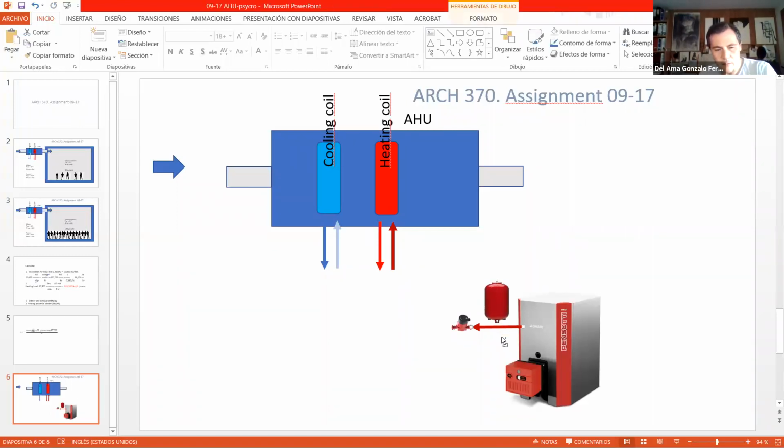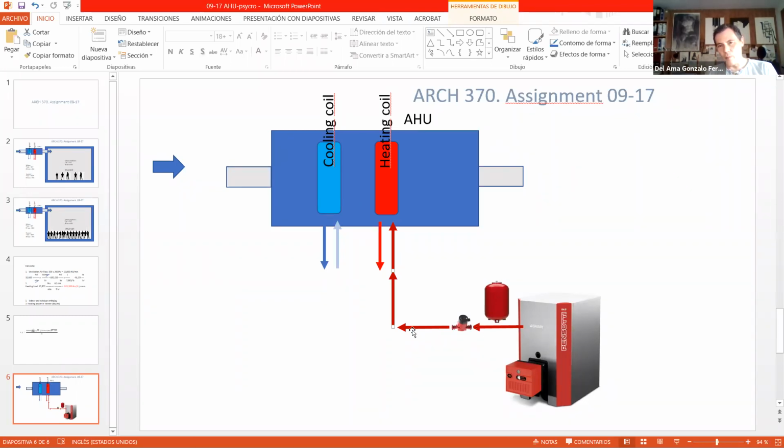And then we have to connect this here. Okay, so this is from the boiler. It can be gas, oil, whatever. We're not talking about this kind of boiler yet.